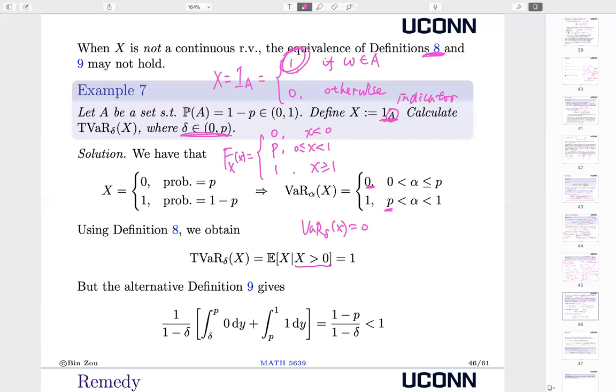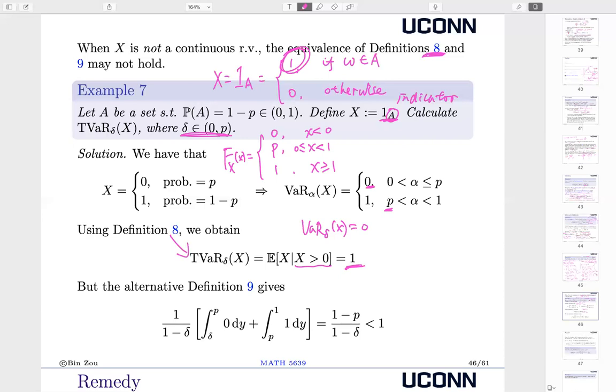Here, I don't even need to do any calculation. If I condition on X strictly bigger than 0, the only possibility is 1. So my expectation would be 1, because I don't have any other choice for a strictly positive loss. It's just 1. So that's by definition 8.